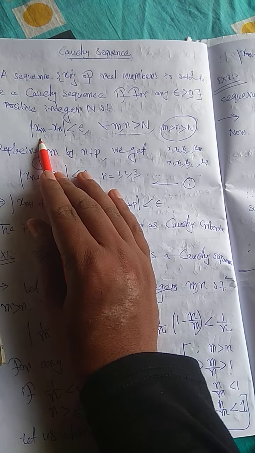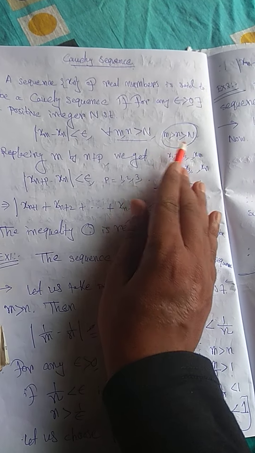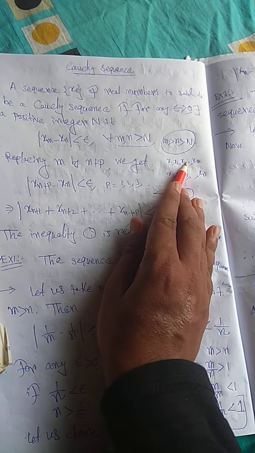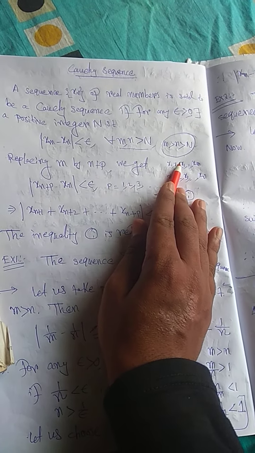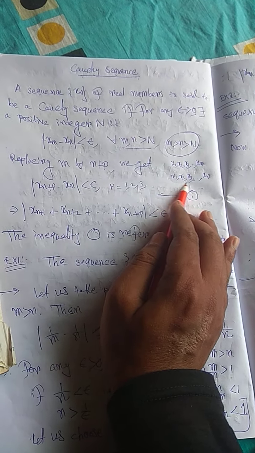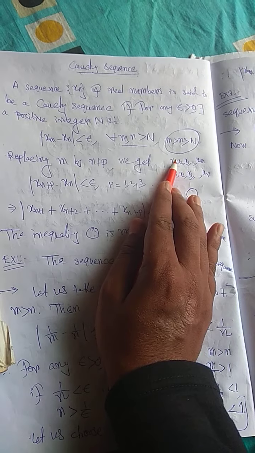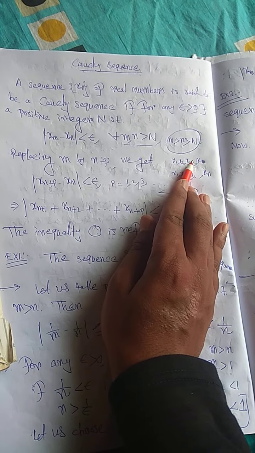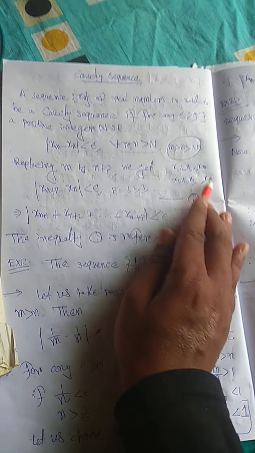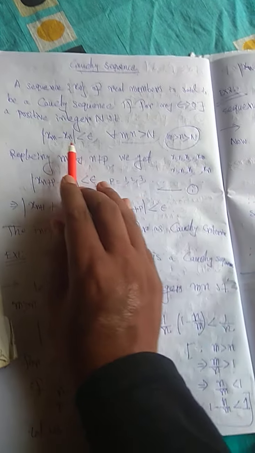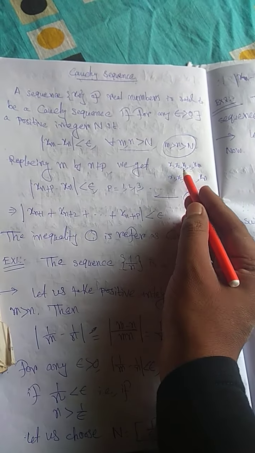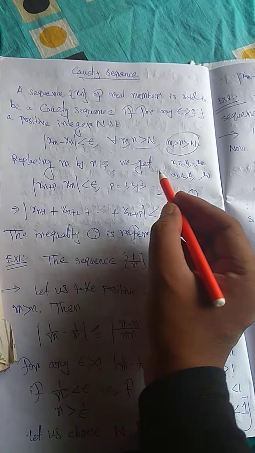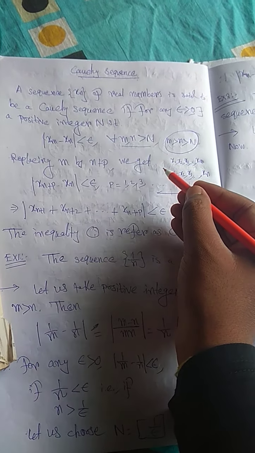Since m is greater than n, there will be n somewhere before m, and those terms will be cancelled while doing the subtraction. So after subtraction, the terms start from n plus 1, n plus 2, continuing this way up to n plus p.